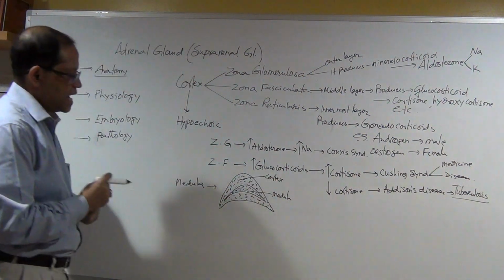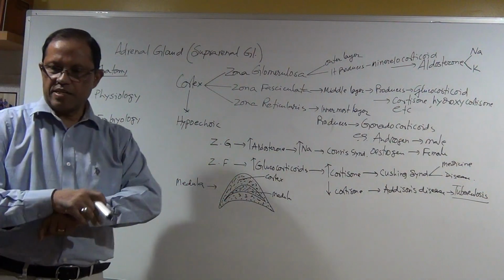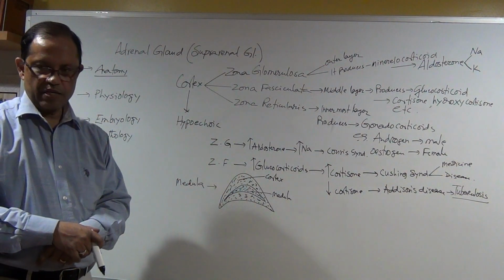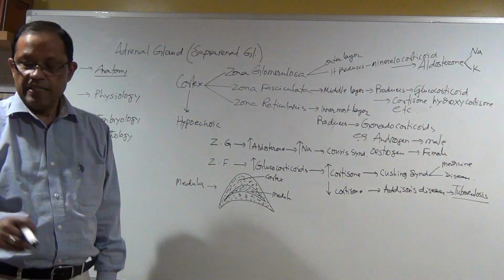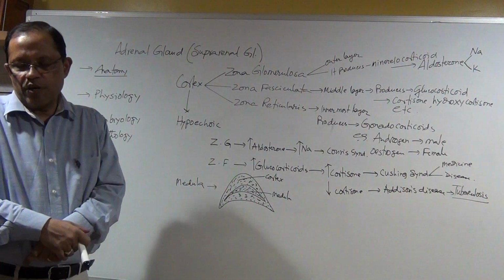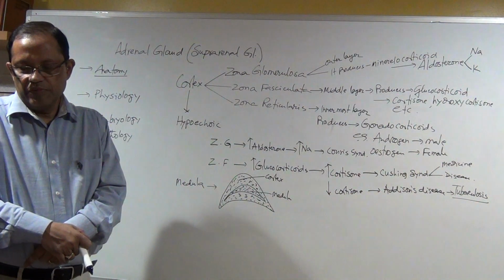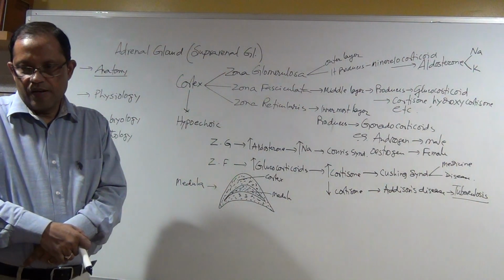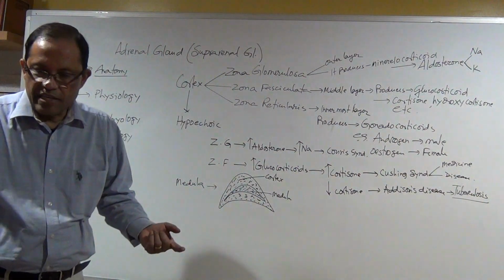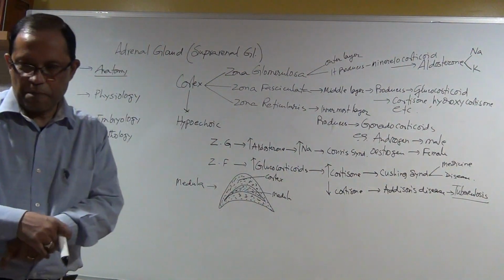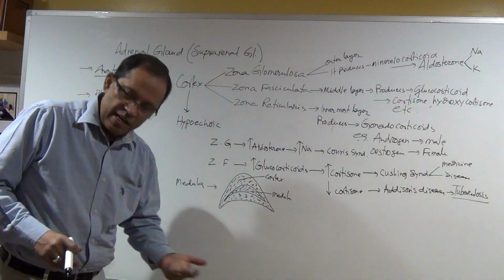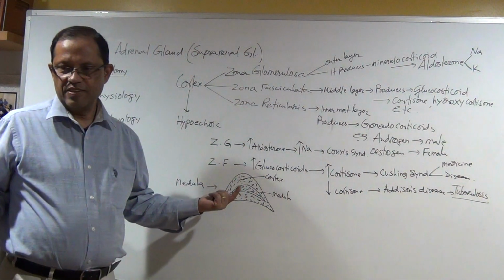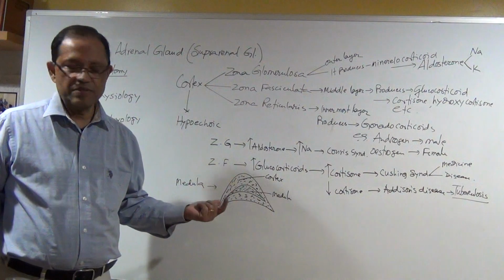Okay, cortex is darker, medulla is brighter, sonographically. And this adrenal gland, in the adult, we cannot see sonographically. The best modality for the adult is CT scan. But in children, neonates, and fetus, ultrasound. You can see it on ultrasound.